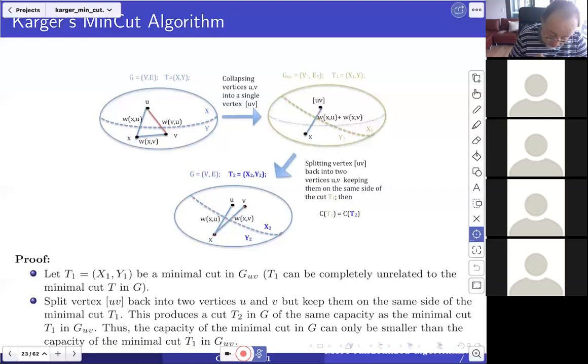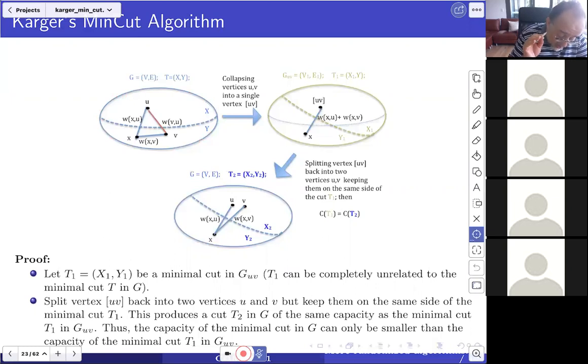So what does this show? It shows that for every cut in the new graph, there exists a cut of the same capacity in the old graph. So the set of possible capacities of all cuts in the original graph is a superset.